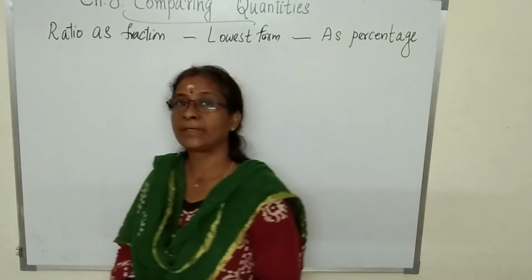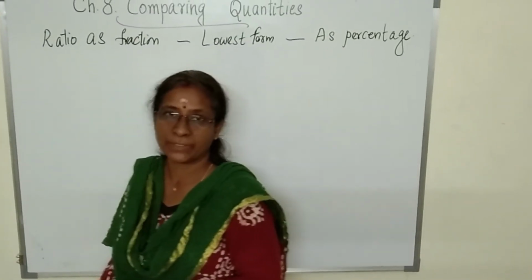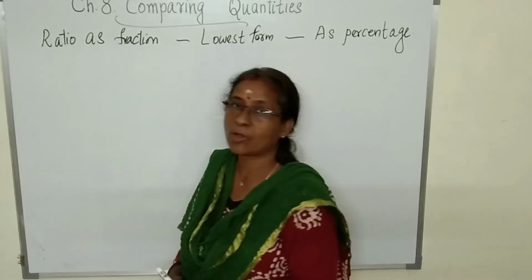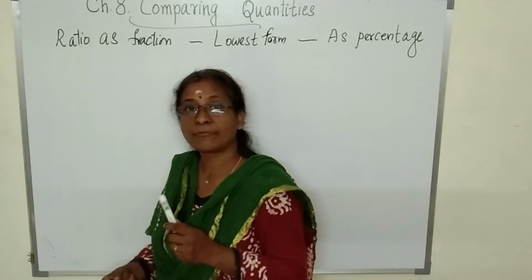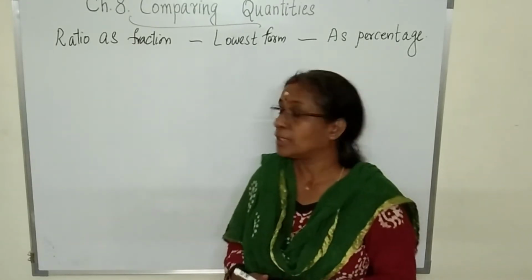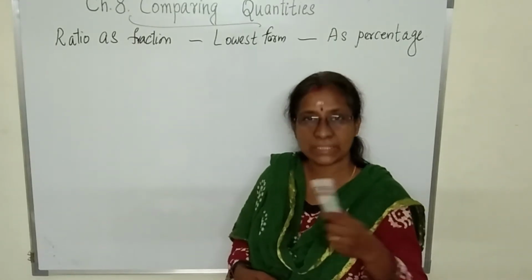Now, we learned that ratio is a method of comparison of similar quantities. We have already learned that in fractions also we compare. So let us write ratio as fraction.